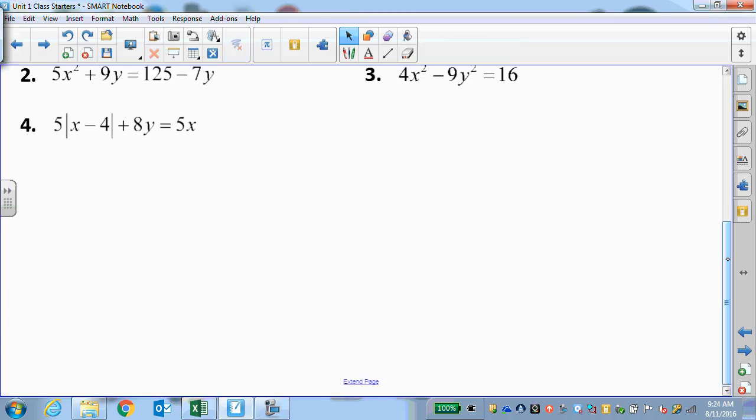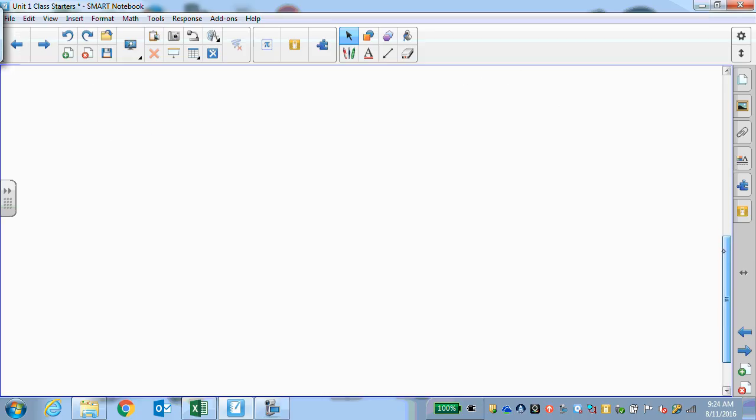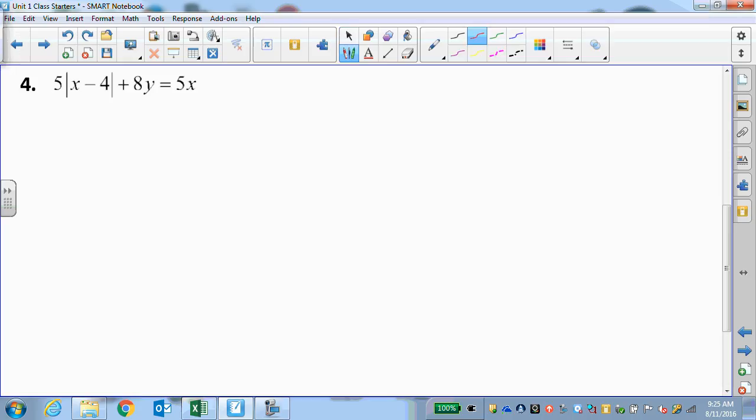All right, number four. Oh, absolute value function. Man, remember how to solve those? All right, let's see. X-intercept. We want to find an x-intercept. We plug in 0 for y.